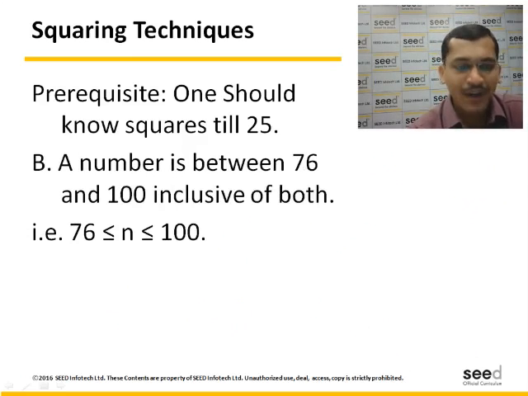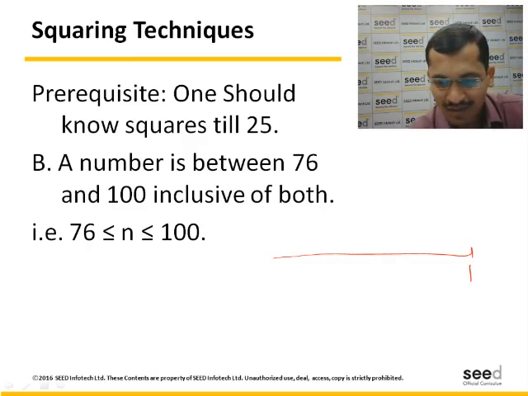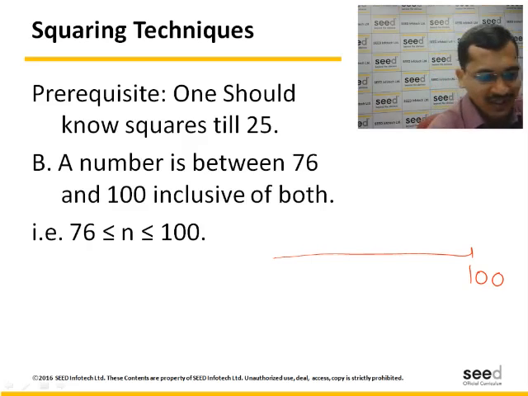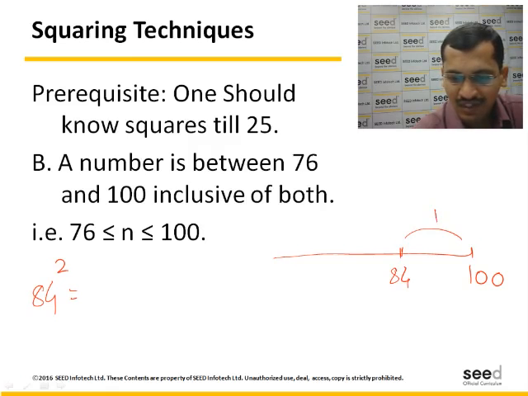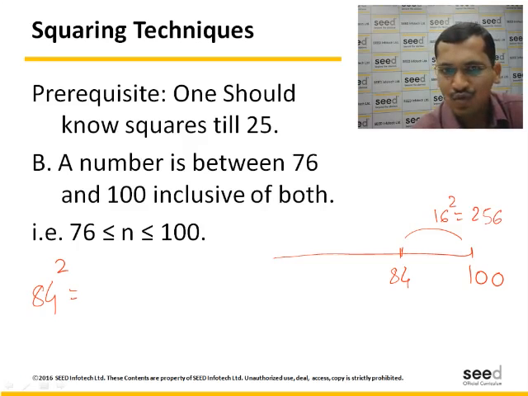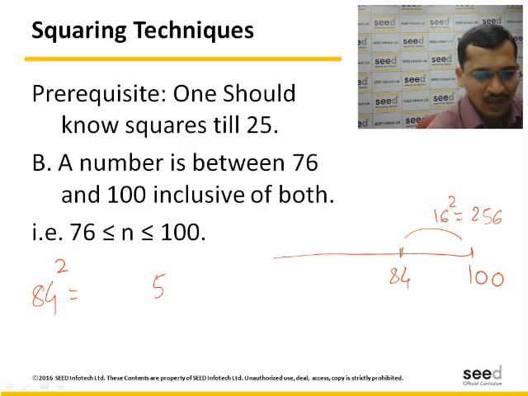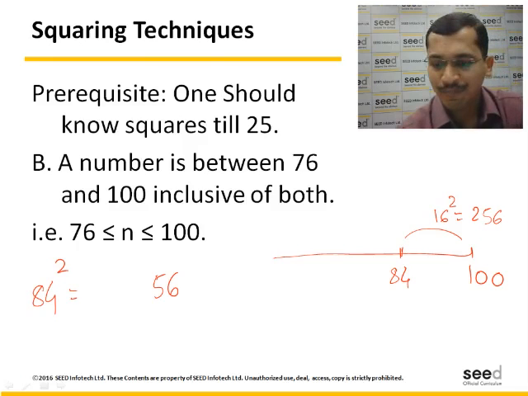Alright, let's go to the other part. If the number is between 76 and 100, that is even simpler. I'll write it like this. This is 100. Let's say we have to calculate 84 square. So 84 is approximately here on the number line, and the difference is 16. The first step is the same: take the difference, square it. So 16 square is 256, and the last two digits will be given by 256, that is 56.